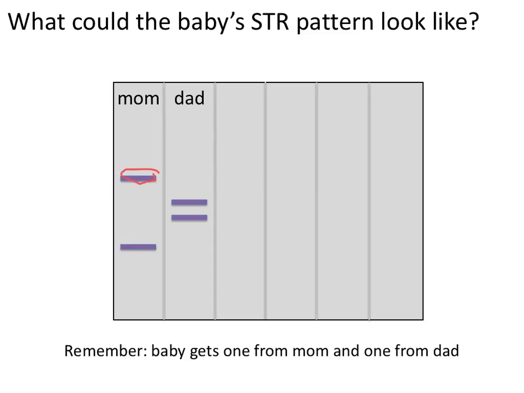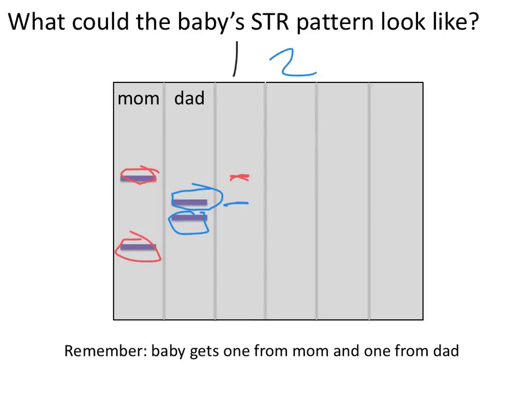Here's mom, and here's dad. Here's baby number 1. We'll say baby number 1 gets this from mom and this from dad.